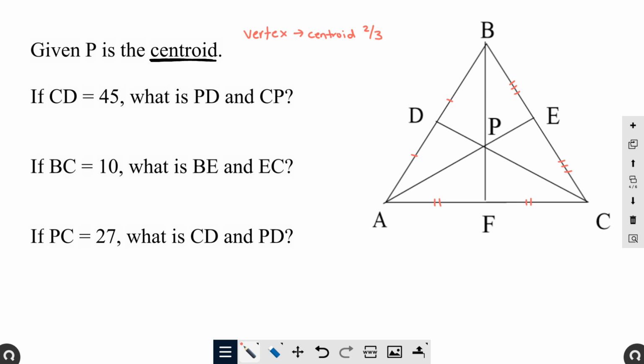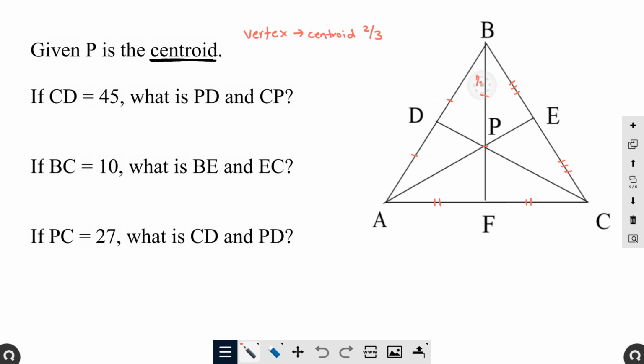Getting more used to it, but maybe not so much, right? Well, if the distance from the vertex to the centroid is 2/3, the distance from the centroid to the side is 1/3, which means I could take this whole line and split it into 3s. I could split this one here, here, and here, and there's 3 parts. Here we have 2/3, and here we have 1/3, right?